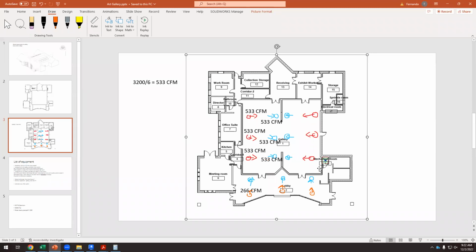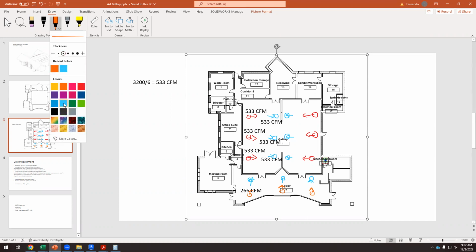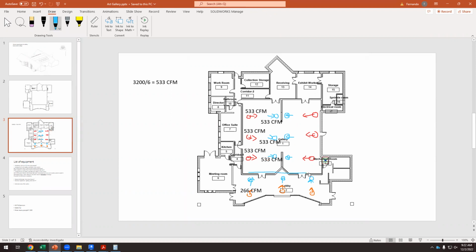And now, what can I do? I can collect all these return diffusers in one duct here, and all these return diffusers in one duct here. And we can have a shaft.